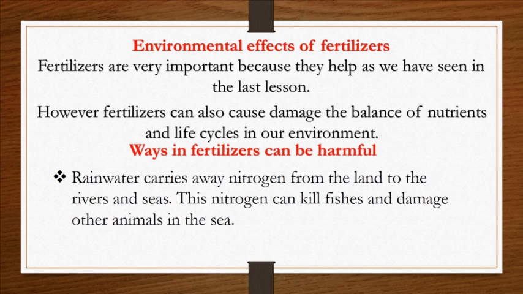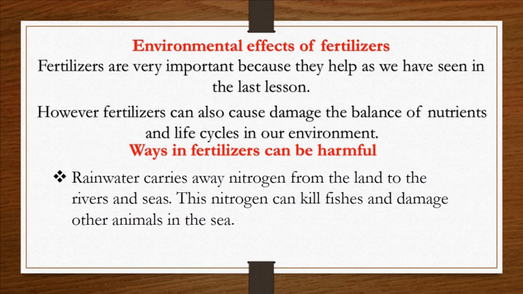Let us see the ways in which fertilizers can be harmful. Number 1. We all know sometimes it rains. After applying fertilizers on the land, when it rains, the rainwater carries away nitrogen from the land to the rivers and the seas.